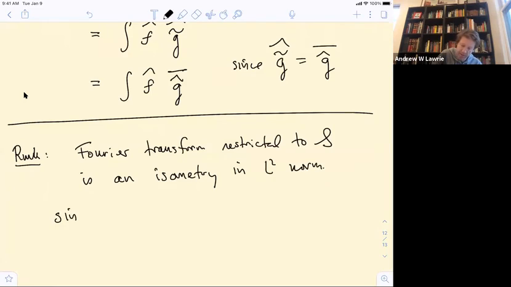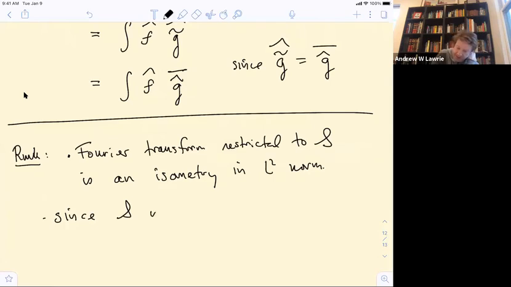Since the Schwartz class, remember, C infinity compactly supported functions, are dense in L2. So in particular, the Schwartz space is dense in L2.